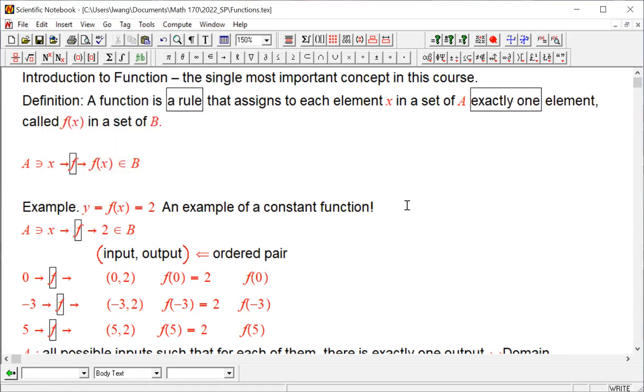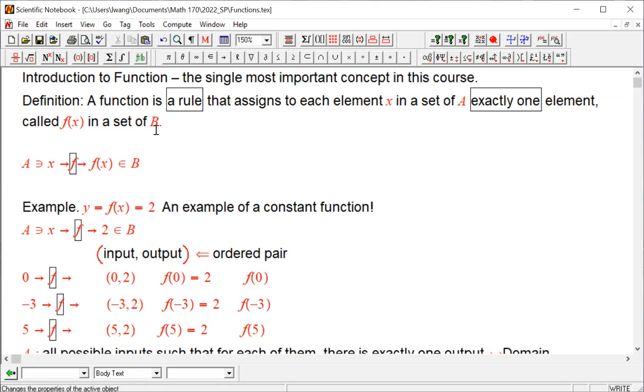It cannot be more than one. It cannot be less than one either. It has to be exactly one. So sometimes we also use the word unique, right? So this f of x has to be unique. So for each x, the rule applies to x and produces an output. This output for this particular input has to be unique.